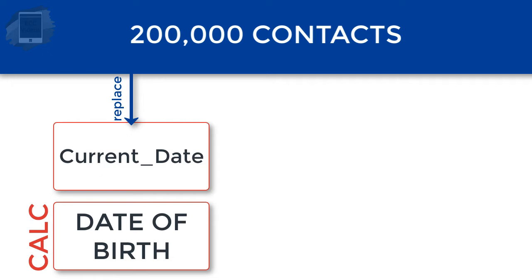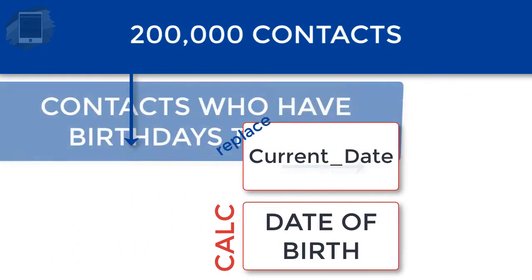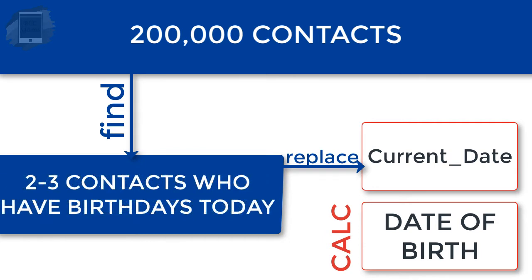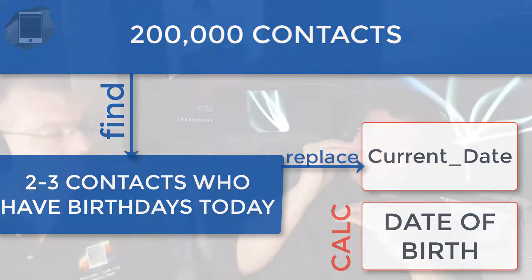So you select the people with the date of birth's day and month of today, and you replace those people. You optimize the code. Instead of selecting everything and replacing, select maybe the 2 or 3 people with a date of birth today and replace for those 2 or 3 people. So you optimize the small piece. So we go back to what I was saying: everything must be light.